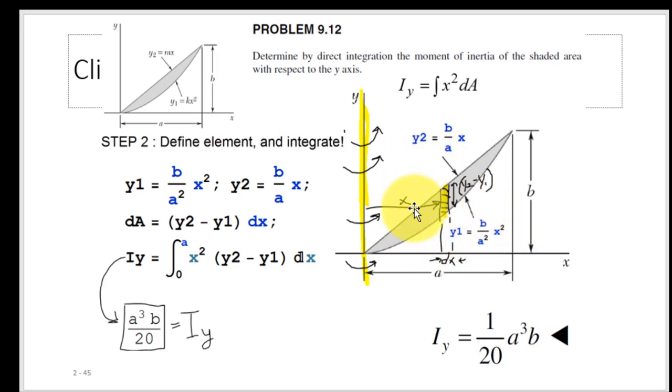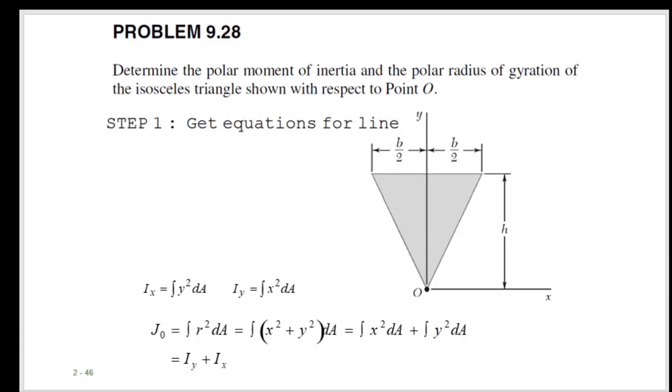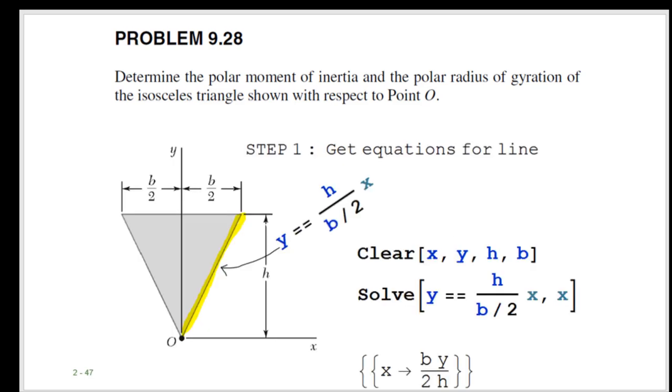It really does help to draw in that element and think about what your dA is to integrate and crank through these. If it's symmetrical, then you can look at just one side and multiply that one side by 2.